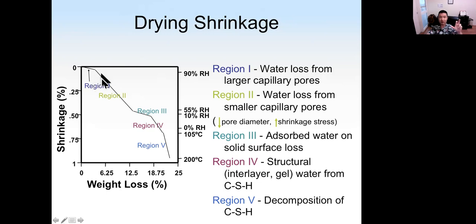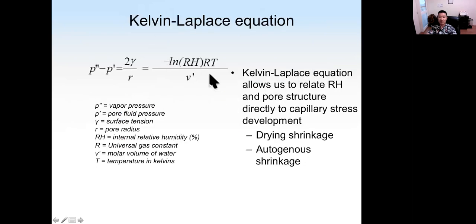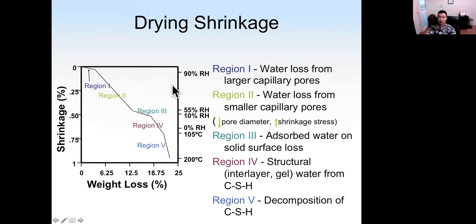The reason is that when water is lost from the smaller pores, the pore diameter is reduced, and as a result the shrinkage stress will increase. So for the same amount of reduction in RH, we see more shrinkage in region 2 compared to region 1. So we can use the Kelvin-Laplace equation to explain the curves.